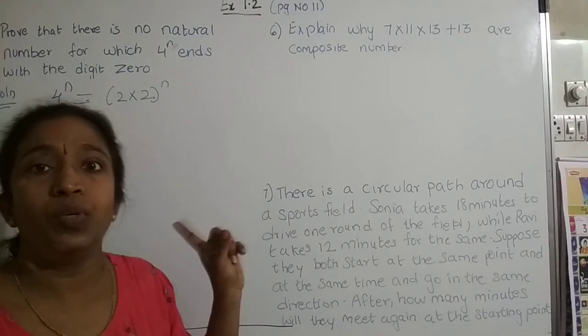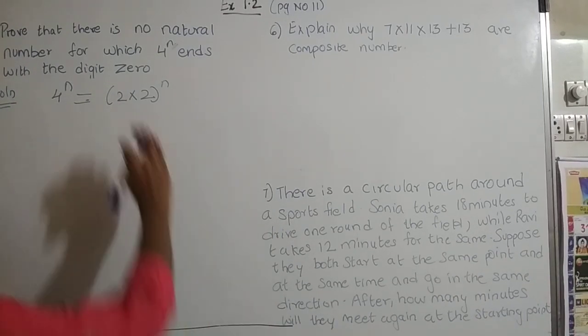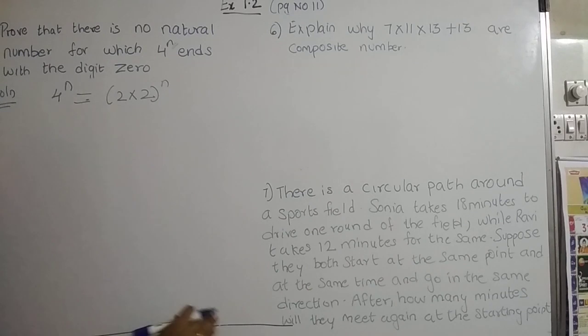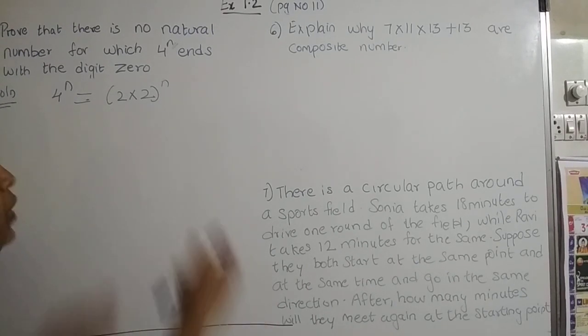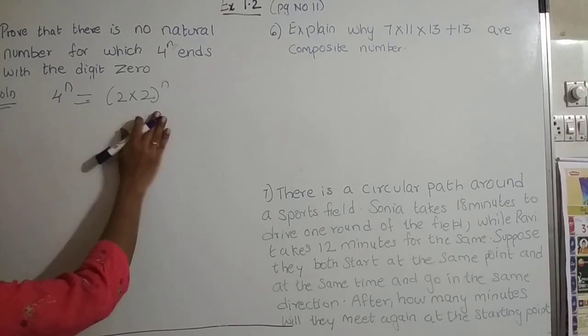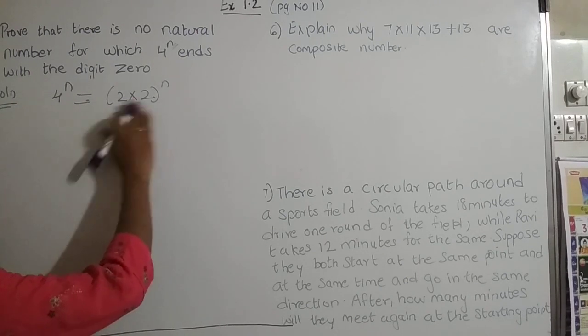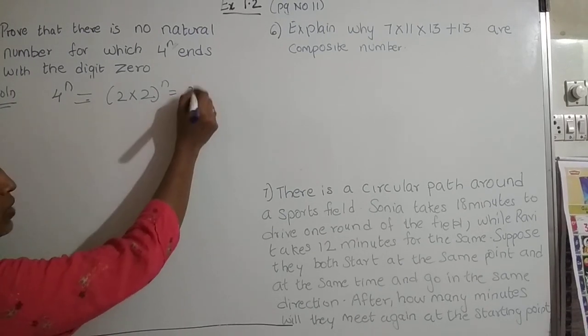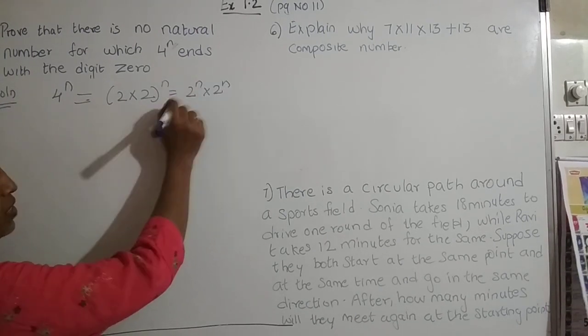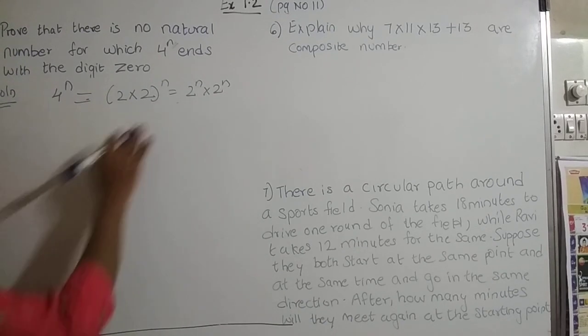Unique means that. It's very important that you mention why you are saying this. So here, 4 raised to n, first I factorize as (2 into 2) the whole raised to n. So this can be written as 2 raised to n, 2 raised to n. Even if you don't write it, it's okay.